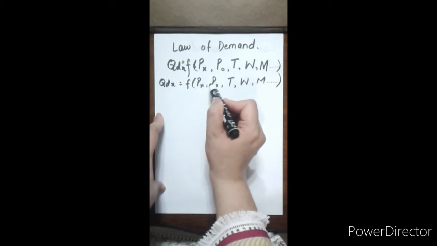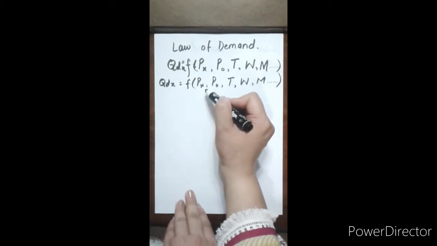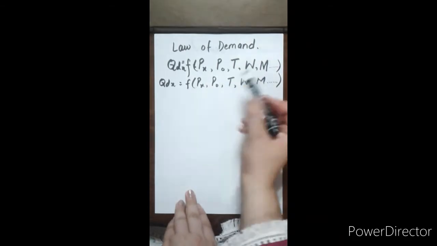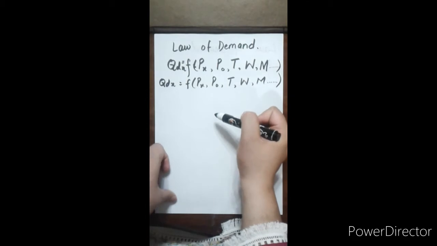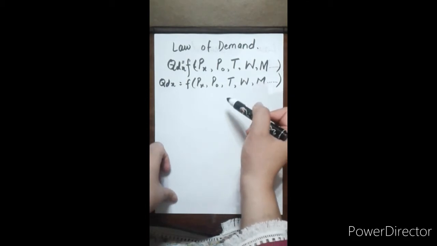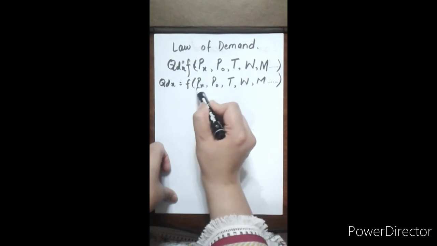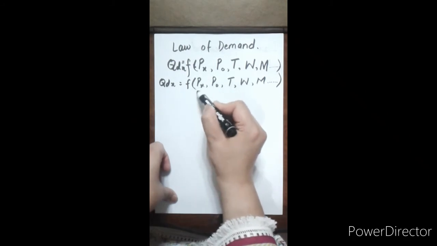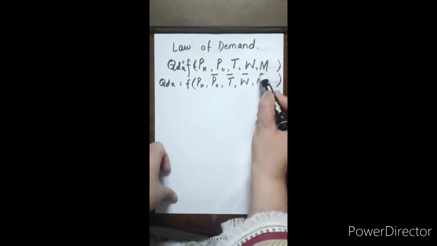Now, but we cannot come to a law of demand if we consider all these factors at one time. So we have to make our situation very simple, we have to keep certain factors constant. So we assume that all the factors other than the price of that particular commodity, we keep them as constant.